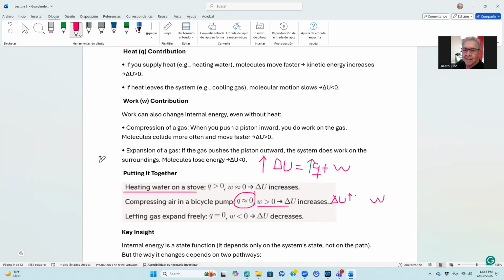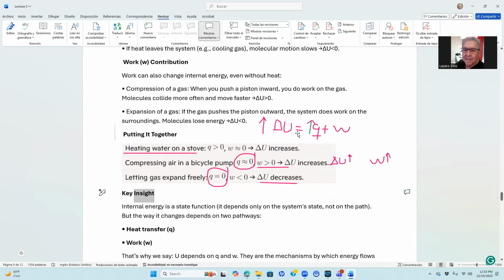If you let a gas expand freely without doing work, then the internal energy decreases. Let's go and continue with our lecture.